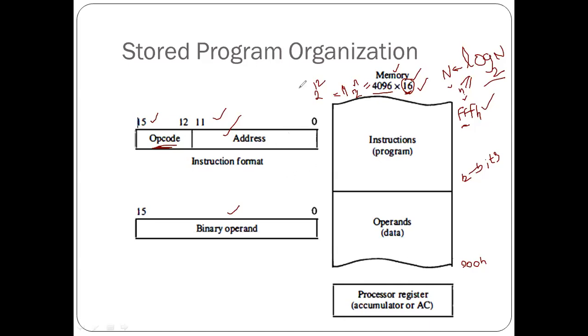For stored program organization, we use a single register, which we call the processor register or accumulator, that holds one of the operands, and the second operand will be specified in your instruction code.